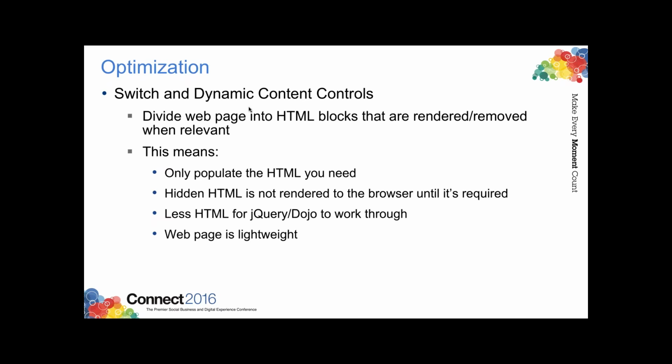And this means that the only HTML that exists on the web page is the HTML that is required, which is brilliant, because if you take a look at jQuery and Dojo and the kind of operations that they need to perform, the less HTML your page has, the faster the jQuery and Dojo will run, because they have less to loop through. If you ever do a jQuery, find me this ID and find the class within that ID and populate the value, you think it just goes straight to that, but that's not the case. It has to loop through, it has to work through your HTML documents so that it can evaluate true. So the less HTML you have, the better.